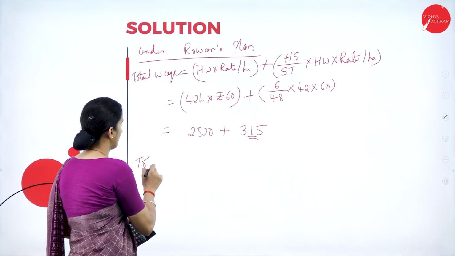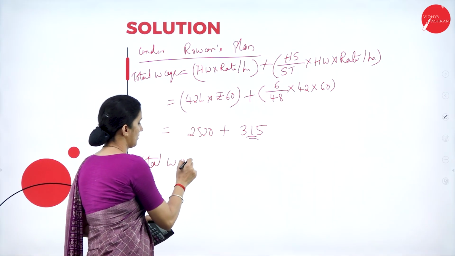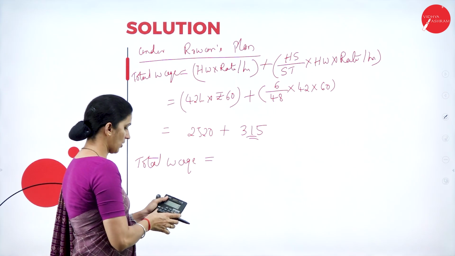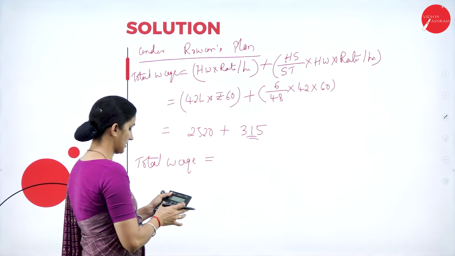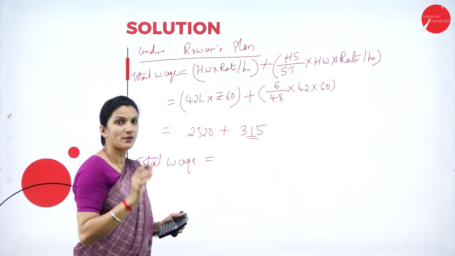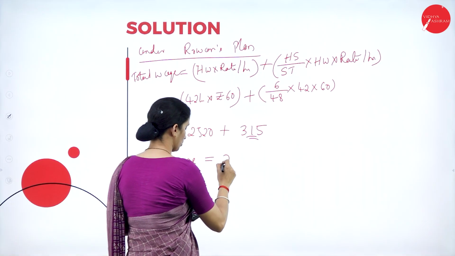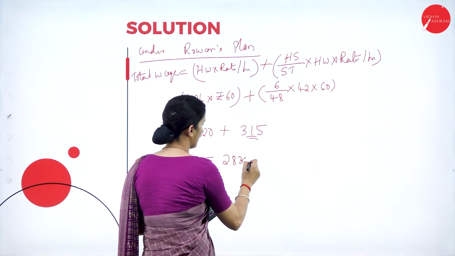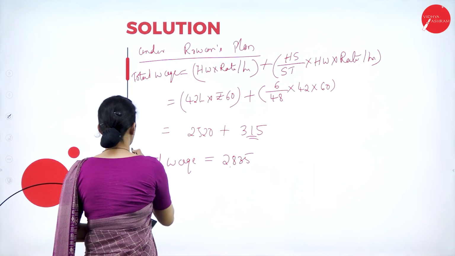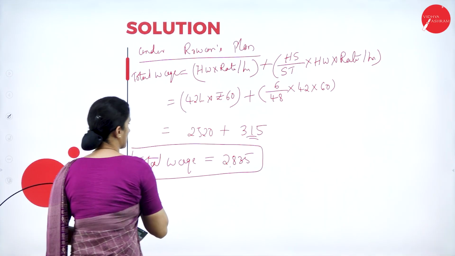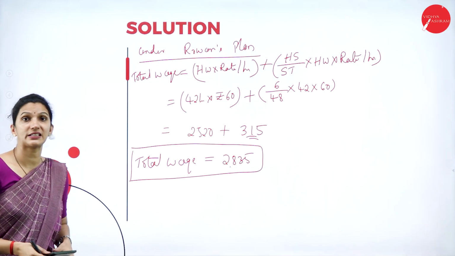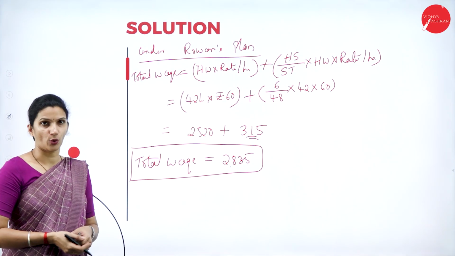Then the total wage is equal to 2,520 plus 315. So his total wage is 2,835 under Rowan's plan.